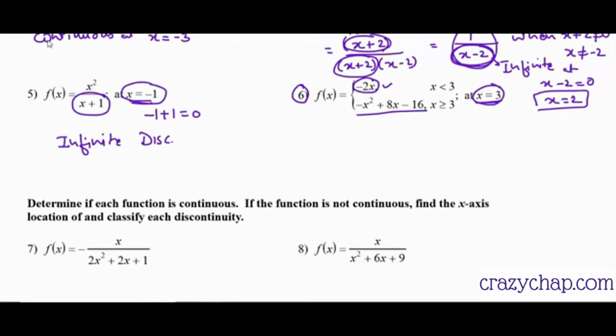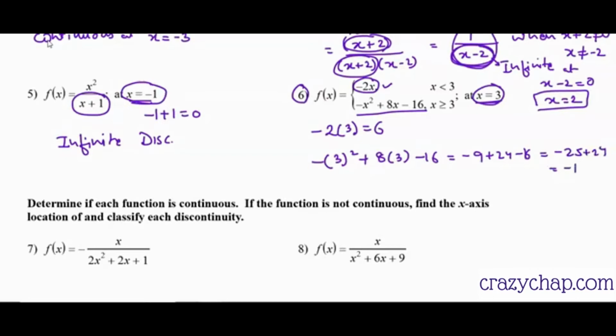When I put 3, minus 2 times 3 gives 6. In the second part, it is minus 3 square plus 8 times 3 minus 16. So we get minus 9 plus 24 minus 16. So we get minus 25 plus 24, and that gives minus 1.